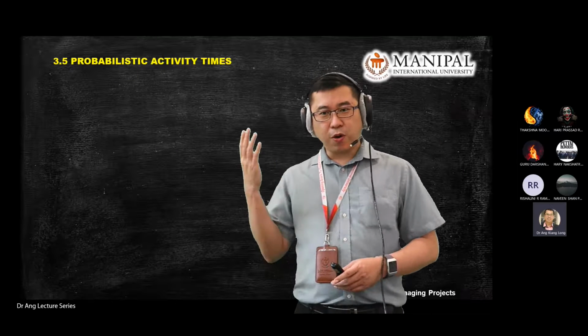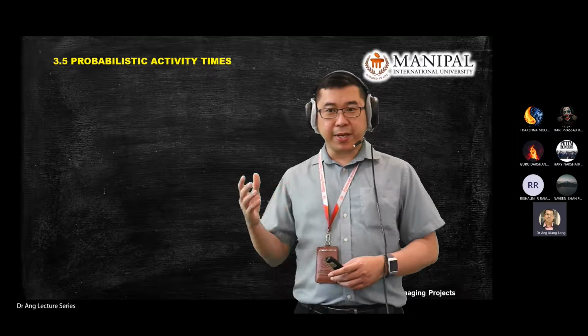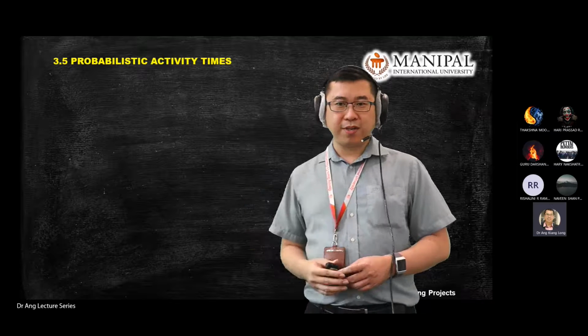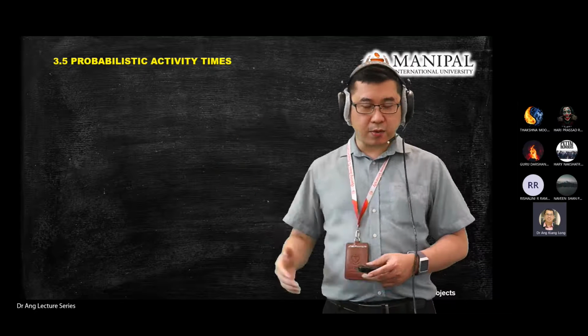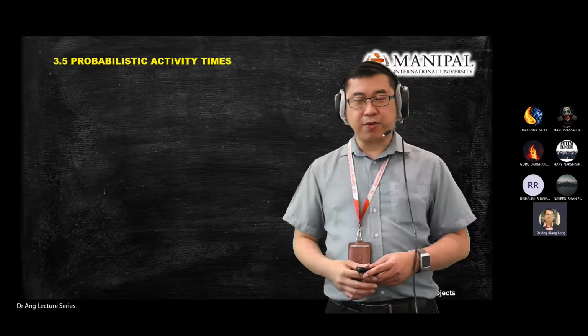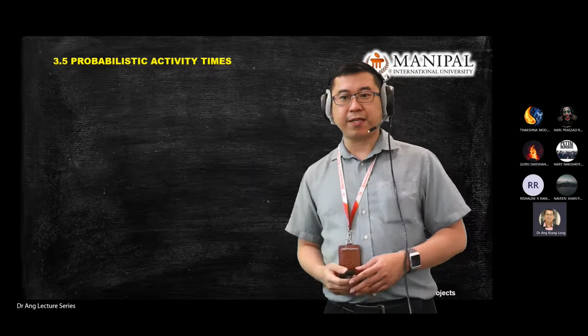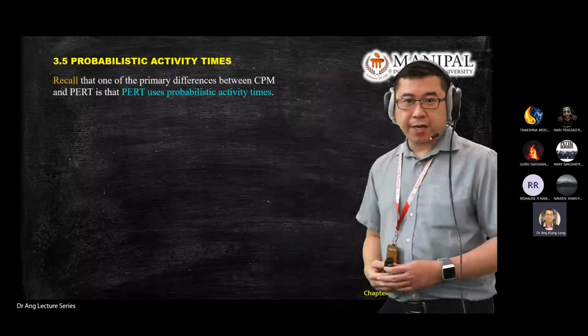So you need to recall what you learned in mathematics 2 or advanced mathematics about probability. This one is the application of what you learned in your mathematics module. Yeah. All right.